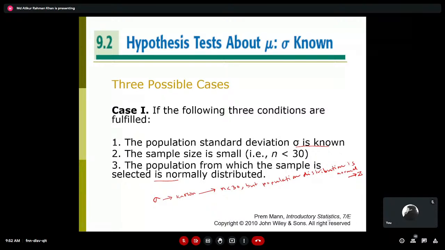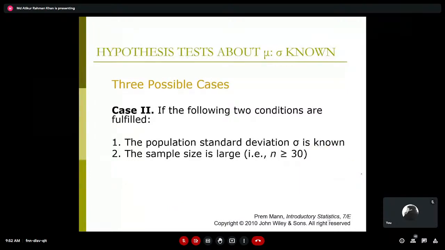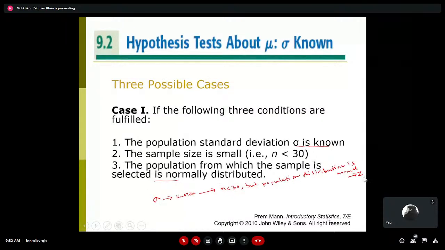That is case 1. Now, what does case 2 say? The population standard deviation sigma is known, but the other way around, the sample size N is greater than or equal to 30.